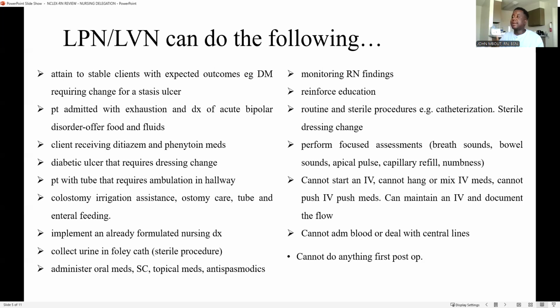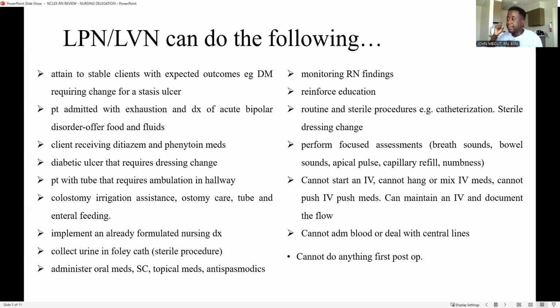They cannot start an IV. They cannot hang or mix IV meds, especially IV push meds. They can maintain an IV and document the flow. Let me clarify: the IV has been initiated, has been started by the RN. They can maintain it and they can only document the flow.